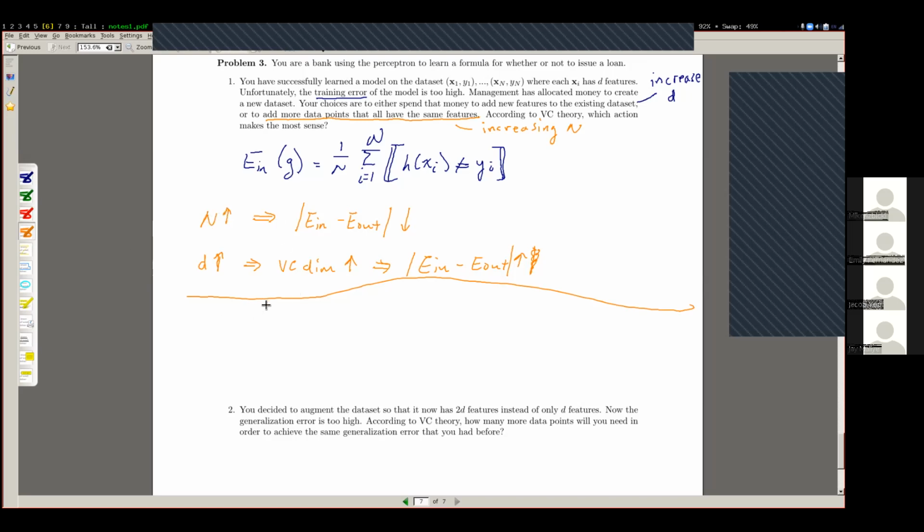Instead, I'm going to make this claim that the hypothesis class H, say the D dimension perceptron, is a subset of the hypothesis class of the, say, 2D dimensional perceptron, or any dimension where we've increased the number of features, added new features.